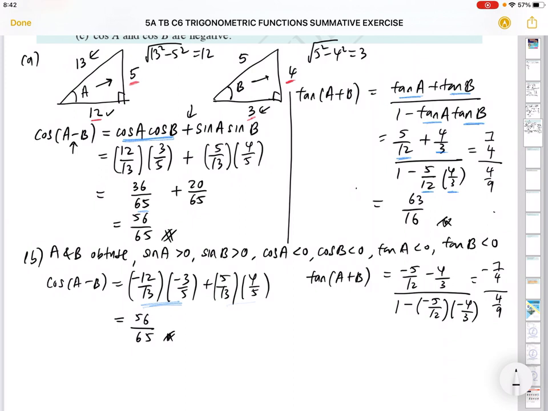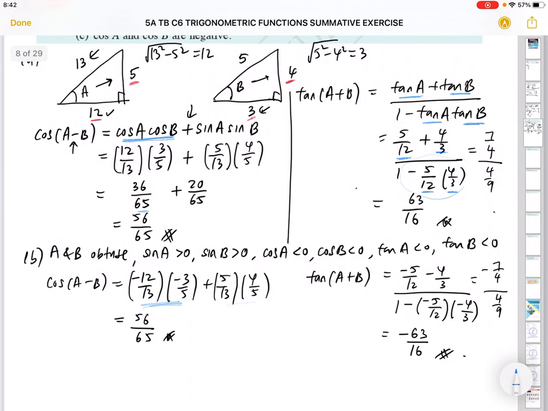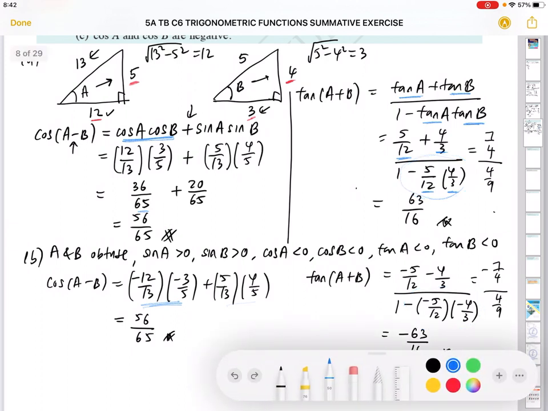So you will get negative 63 over 60. This value here is the same as this value here, because of double negative, still positive.